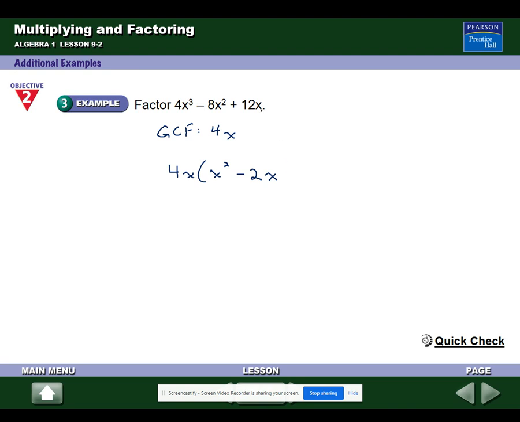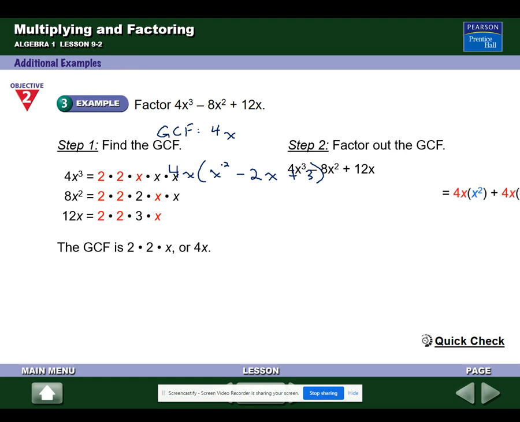Lastly then, 12x divided by 4x, that's positive 3, because 4x times 3 is 12x. And there's the answer that we just got.